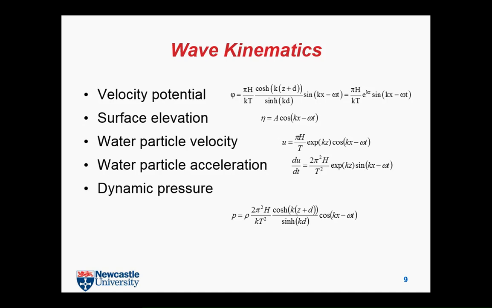According to the wave definition, we know that frequency is 2 pi over period, right? So we can write the expression for acceleration in this way. We don't have period anymore.